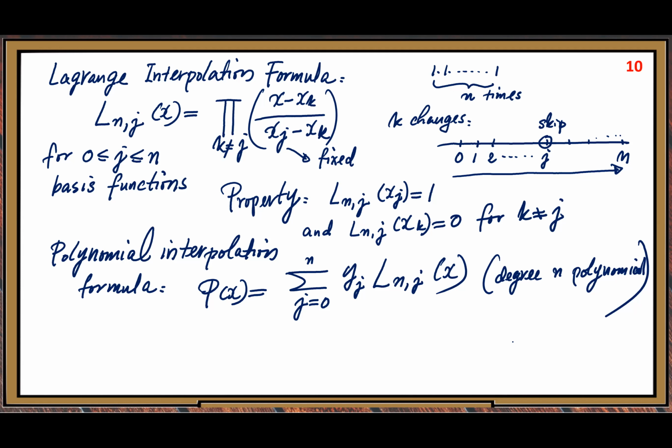And for this degree n polynomial, you plug in xj to get p of xj.